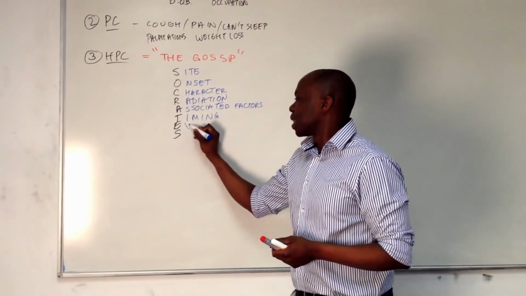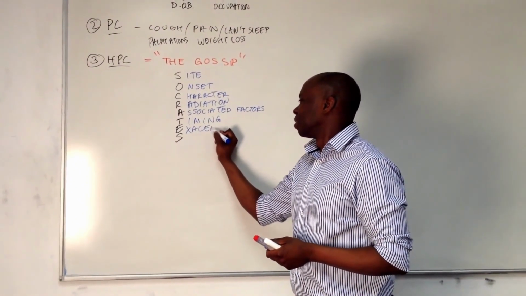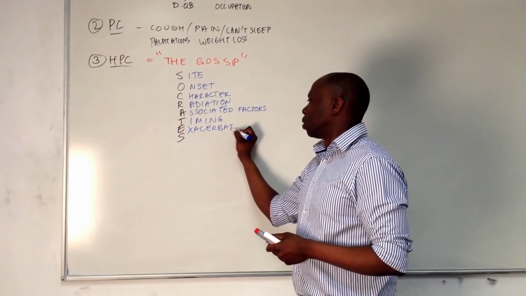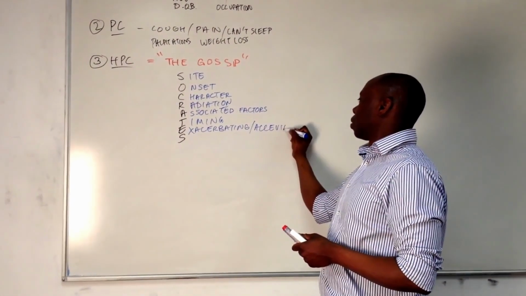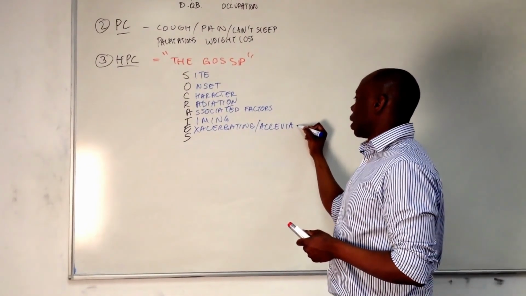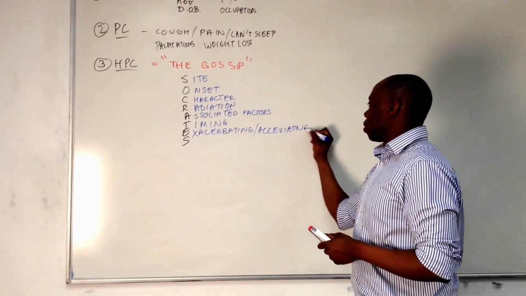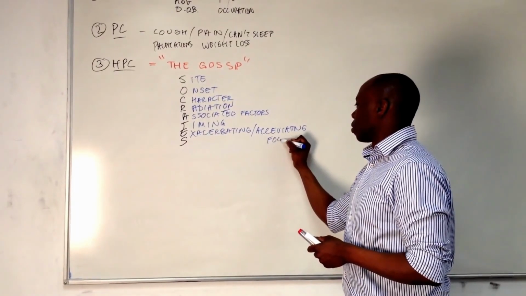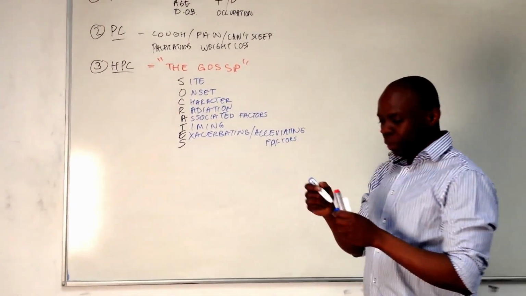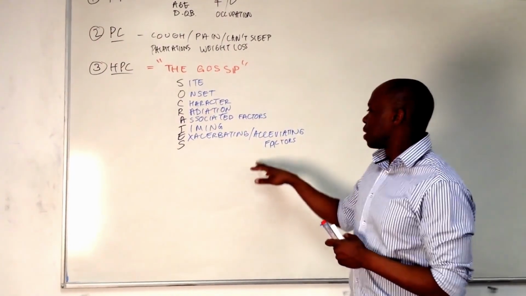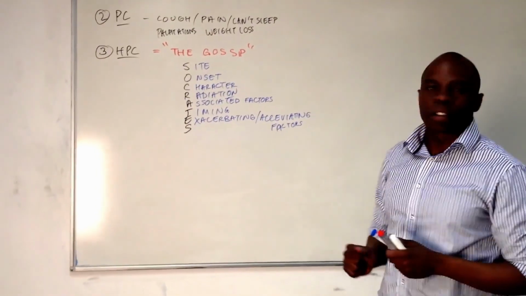E is exacerbating and alleviating factors. So exacerbating and alleviating factors.